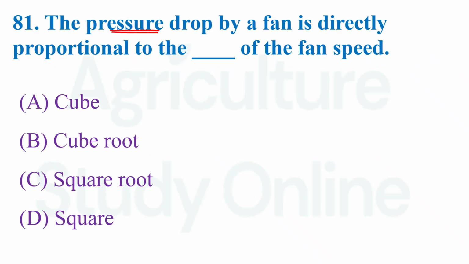The pressure drop by a fan is directly proportional to the dash of the fan speed. So in this law, actually it states that the flow rate will be proportional to the speed.